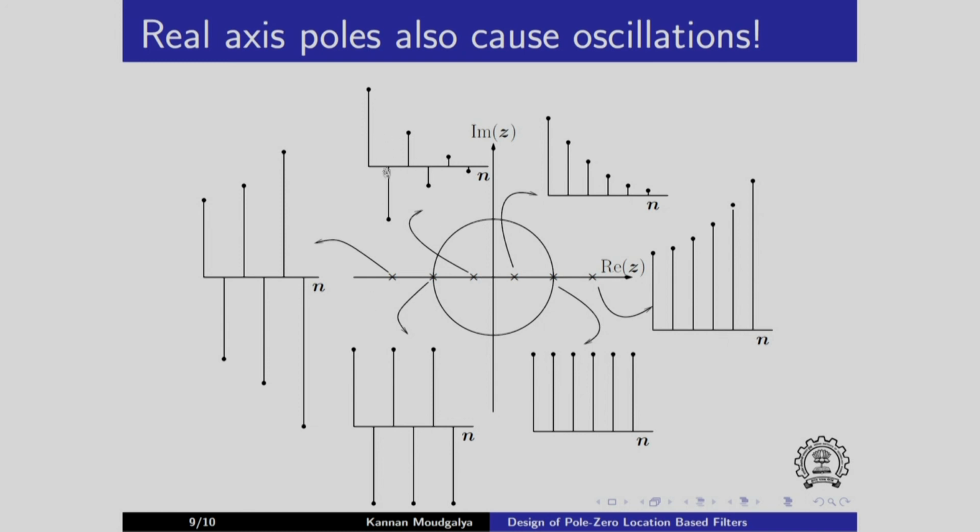In fact, they oscillate very fast, the sign itself keeps changing, and this corresponds to having the frequency of pi or minus pi, that is 180 degrees. This is the reason why we mark the positive real axis as low frequency and the negative real axis as high frequency.